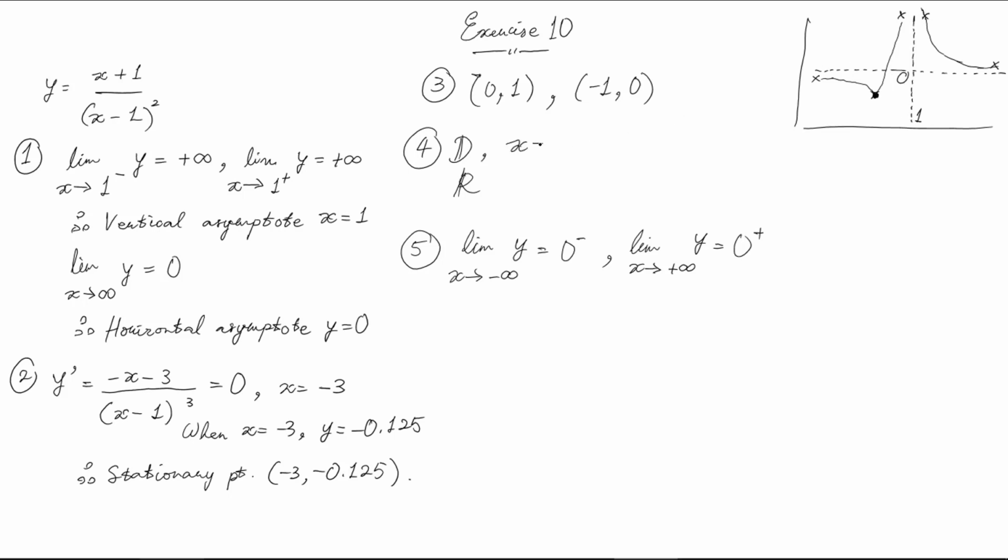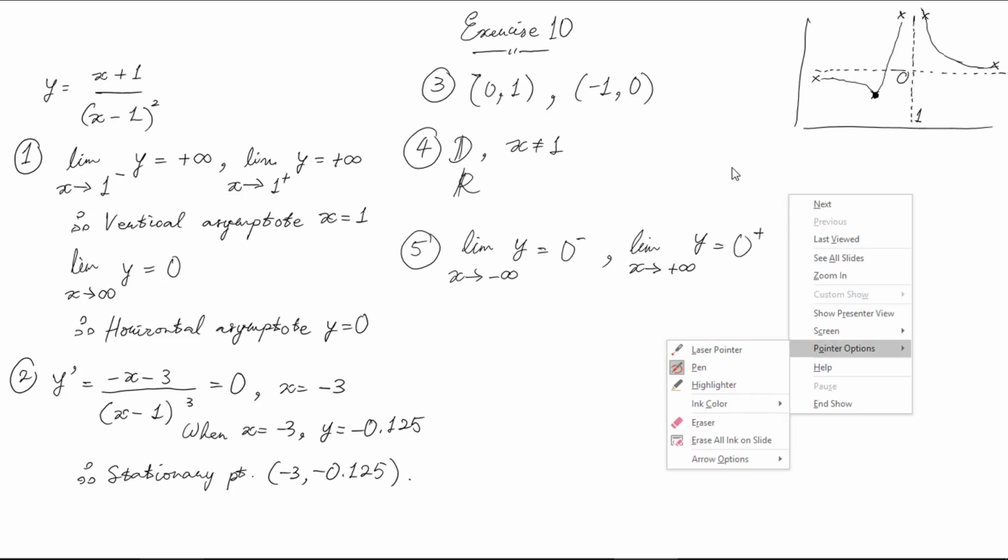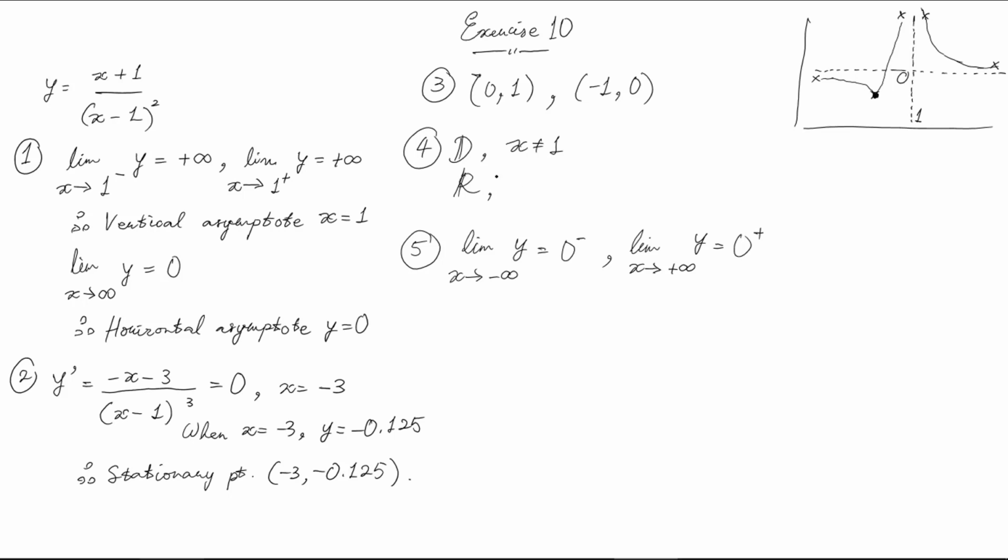So you can write x is not equal to 1 like this, or maybe some people love to write it in interval notation. So for interval notation, it will be negative infinity to 1 exclusive, union 1 exclusive to positive infinity.